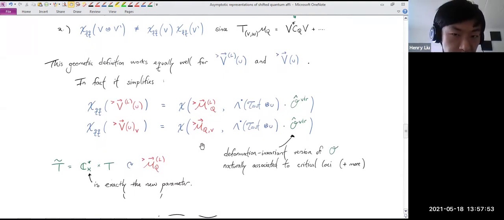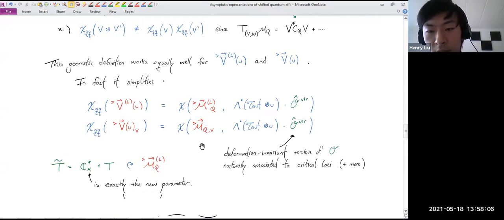Whenever you have a critical locus, there's a certain deformation invariant version of the structure sheaf which is naturally associated to it. And in fact, there are much more general situations where these deformation invariant versions of O can be written down. For many reasons, studying their push forwards, their Euler characteristics, is a very productive thing to do. These are like indices.